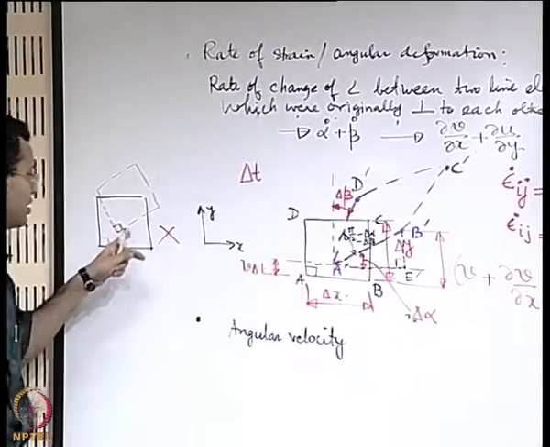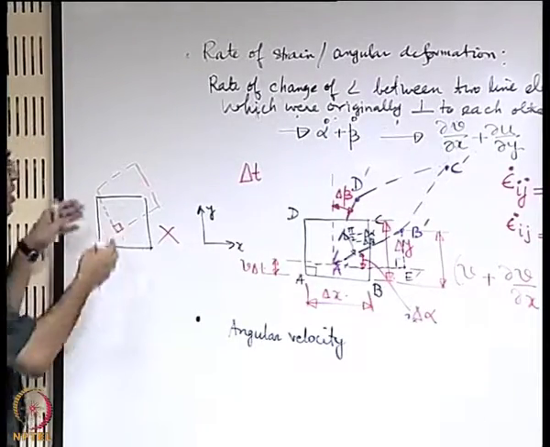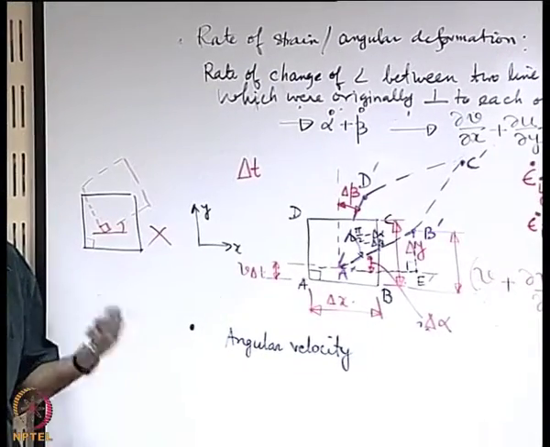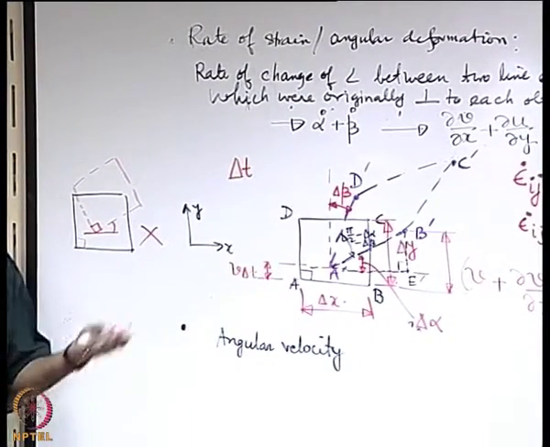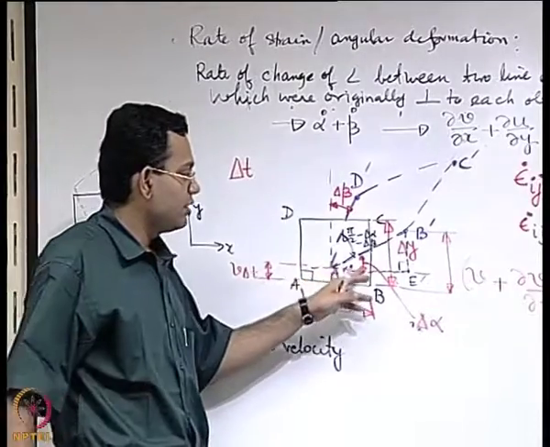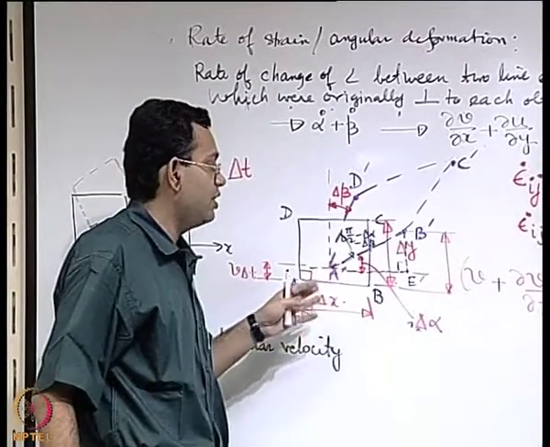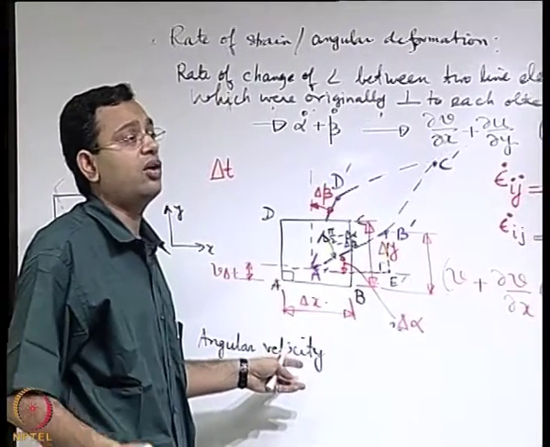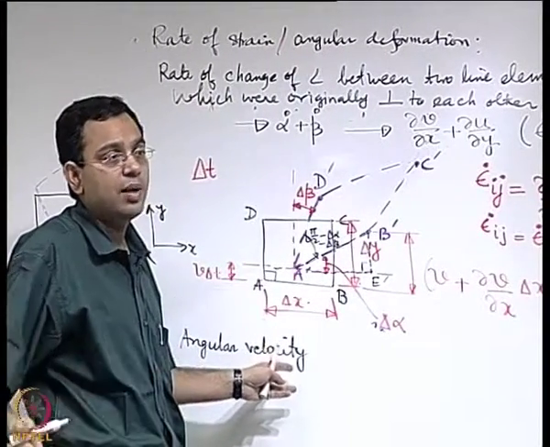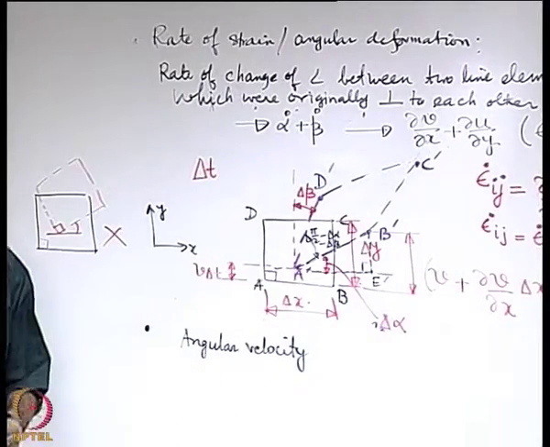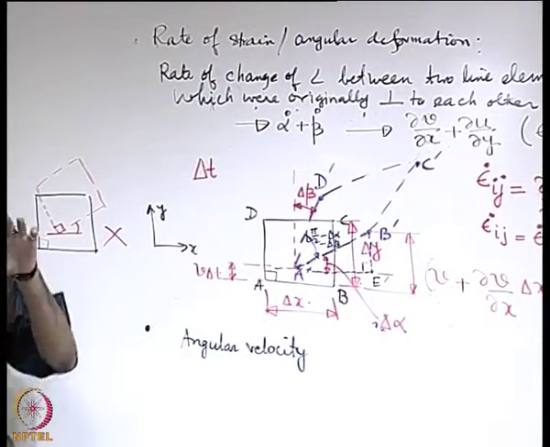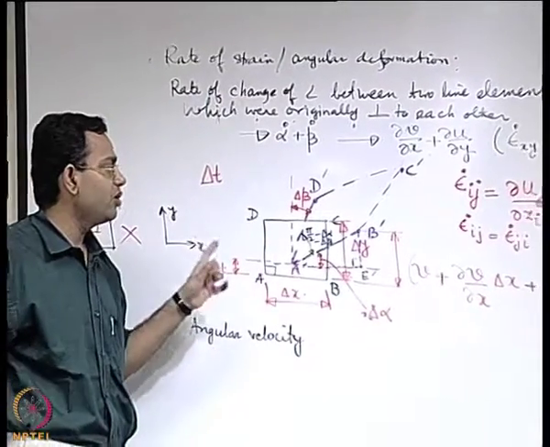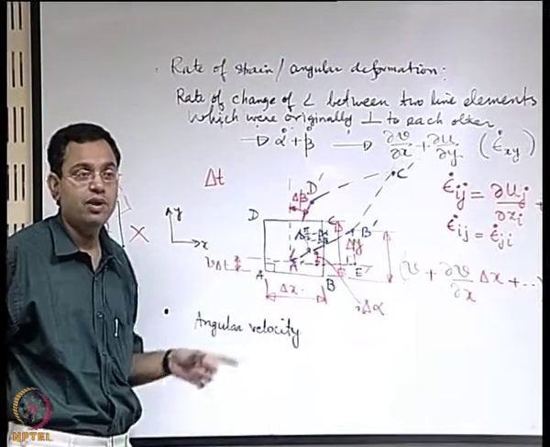If that was the case, we could clearly say what the rate of change of this angle is, and the time rate of change of that angle would have given the angular velocity, very straightforward. Here those angles are different, and therefore we have to come to our angular velocity definition with a compromise, not exactly the same as we do for rigid body mechanics, but keeping in mind that in the special case that it becomes a rigid body, it should follow the rigid body mechanics definition of angular velocity.